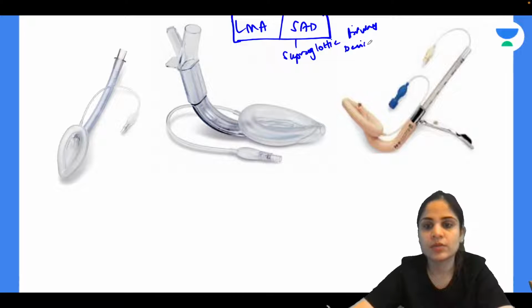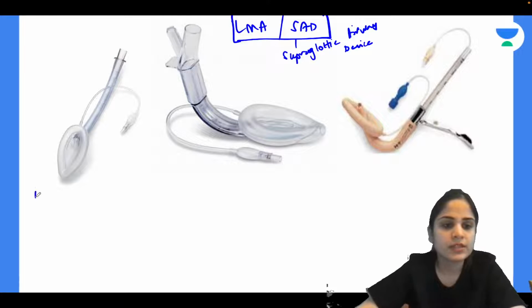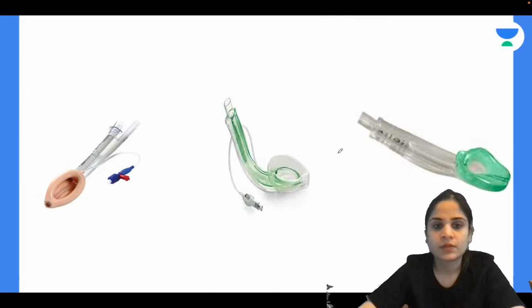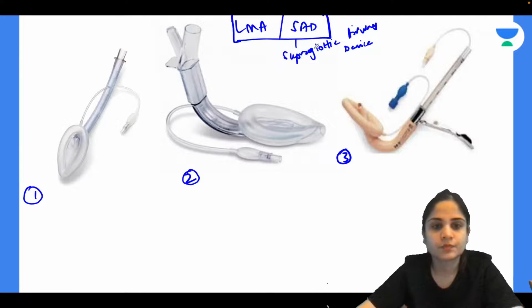Okay, now can you guys identify these LMAs or SADs for me? Which is 1, which is 2, which is 3, which is 4, which is 5, and which is 6?